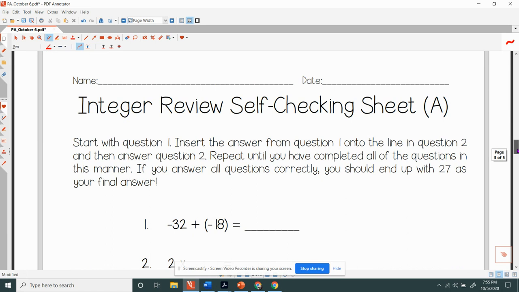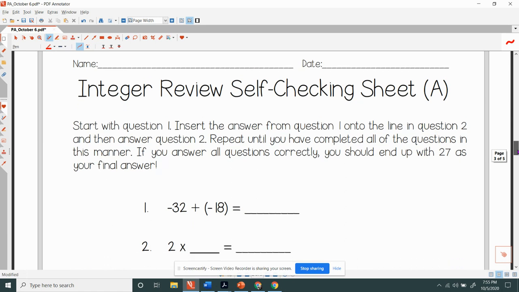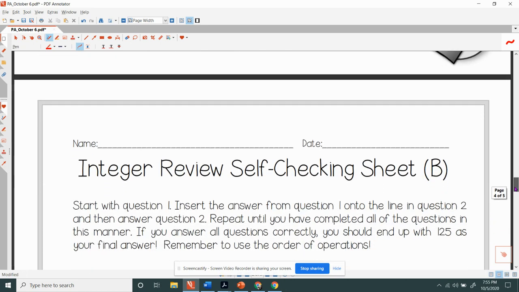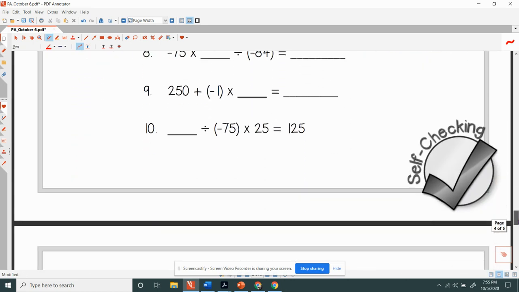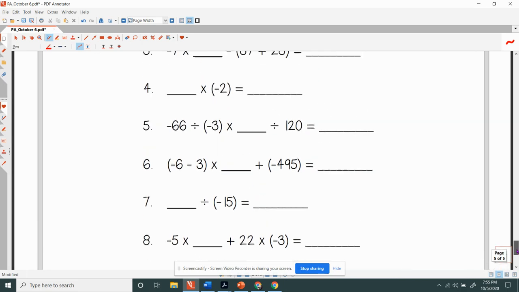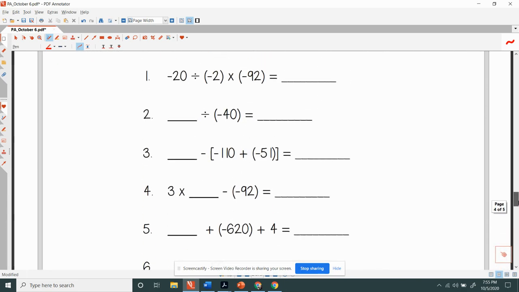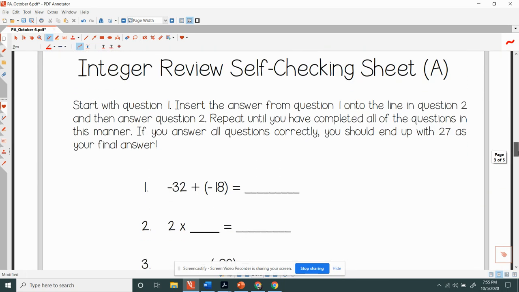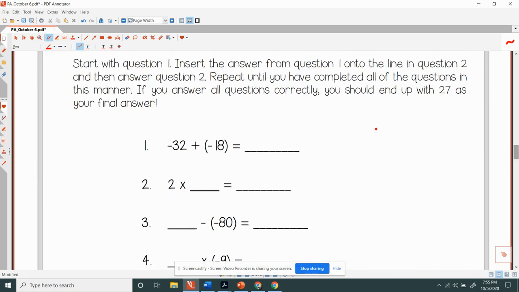So we've got 3 integer review self-checking sheets, A, B, and C, and they get progressively harder. So what do we mean when we say they are self-checking? Let's read the directions first. Start with question 1.